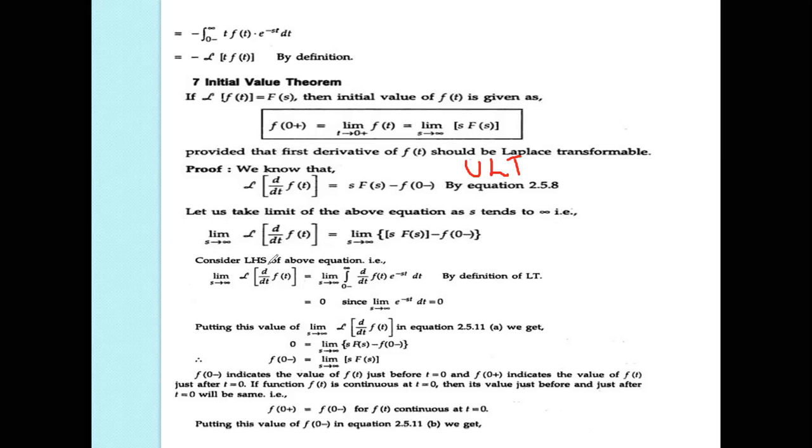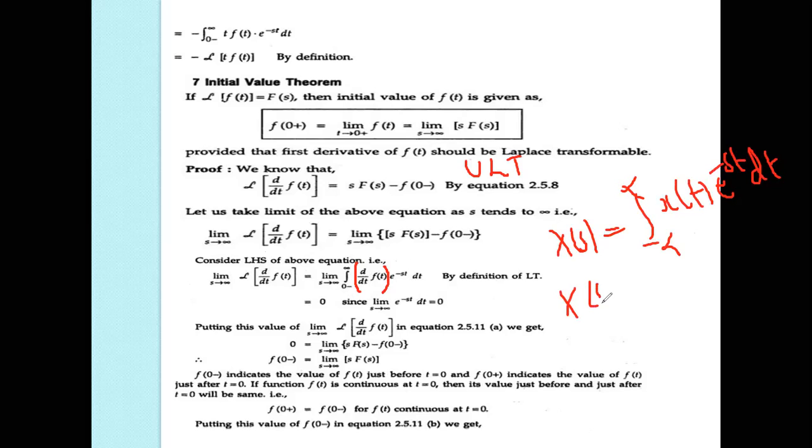According to the definition of the unilateral Laplace transformation, it is the integral from 0 minus to infinity of the signal, here d by dt of f of t, times e power minus st dt. In general X of s is the integral from minus infinity to infinity of x of t e power minus st dt. For the unilateral Laplace transformation, it is the integral from 0 minus to infinity of x of t e power minus st dt.